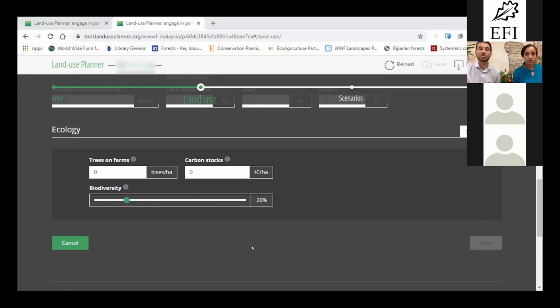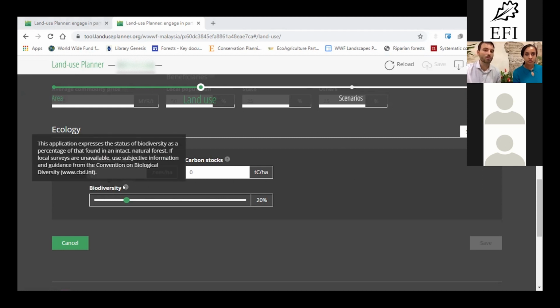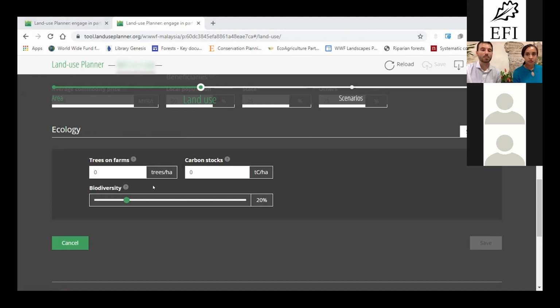Is it 0 compared to the forest, or is it 20%? Because you still have some wildlife living there, some plant diversity surviving there, some birds maybe coming and nesting. So this is to allow you to account for some biodiversity. By default, for annual crops, the percentage is at 0, but you are free to raise it.